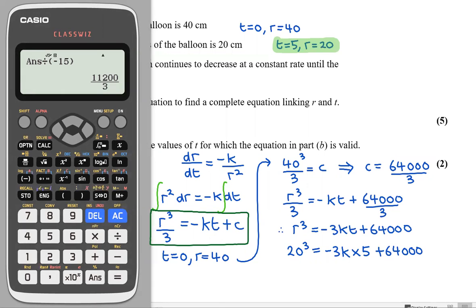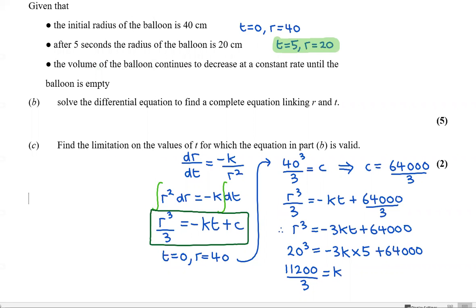So back to that. We have got 11,200 over 3, which is equal to k. Now, we can now write down our particular solution.